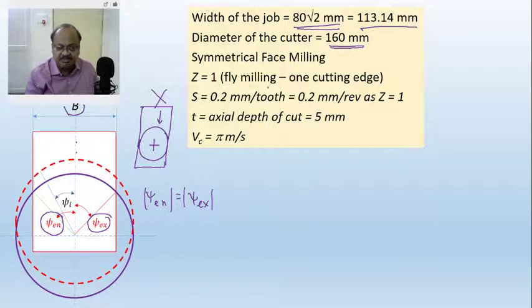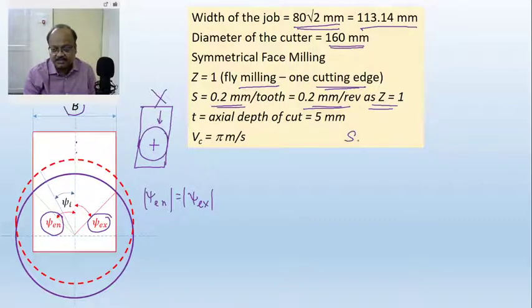What else? This is once again a fly milling cutter with one cutting edge, that we have shown in the previous video. This kind of industrial milling cutters are available. Feed is 0.2 millimeter per tooth, which happens to be 0.2 millimeter per revolution. Why? Because Z equals 1. S_Z is S into Z, which is 0.2 into 1, so that becomes 0.2 millimeter per revolution.